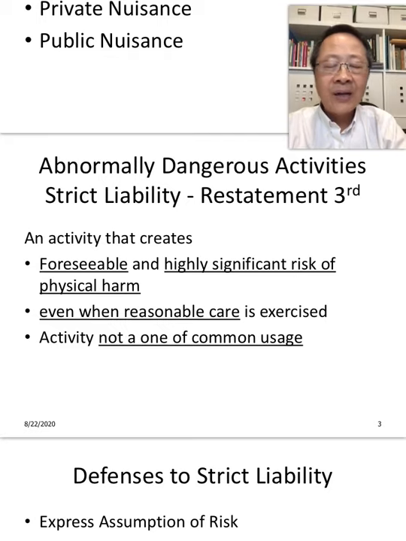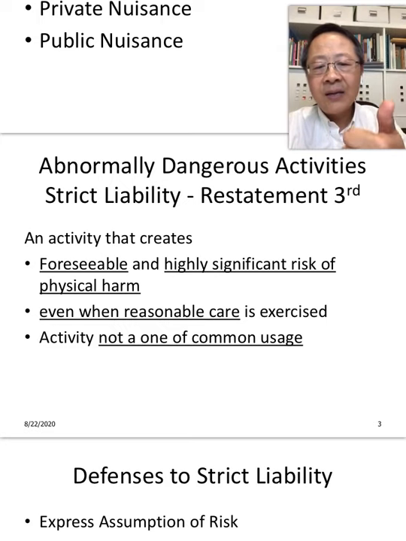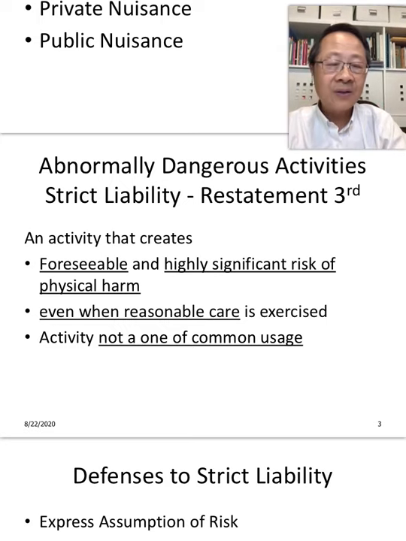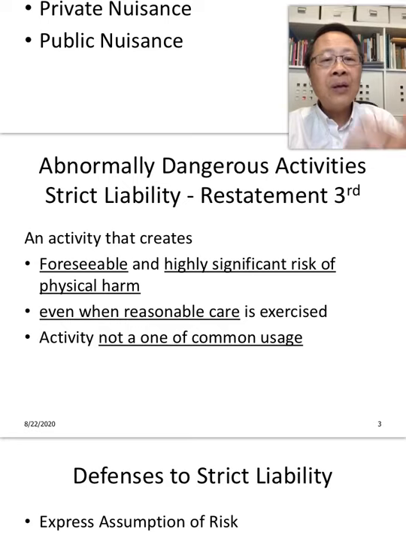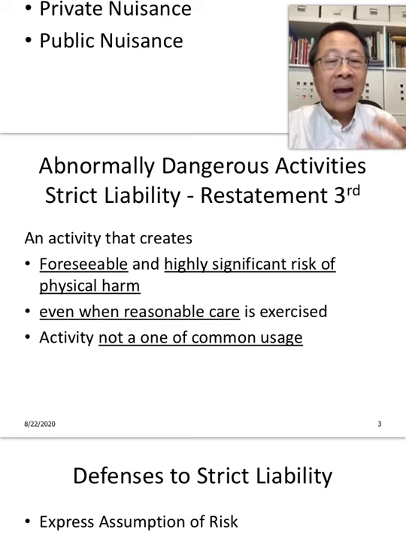Essentially it has three elements. It looks to an activity first that is foreseeable and has a highly significant risk of physical harm. So it's something that we know is inherently dangerous, not something where harm arises unexpectedly.